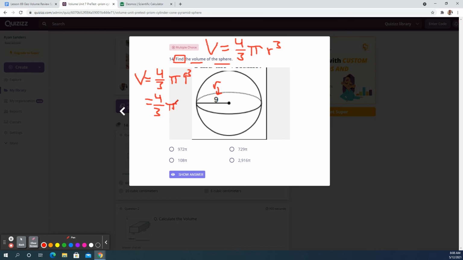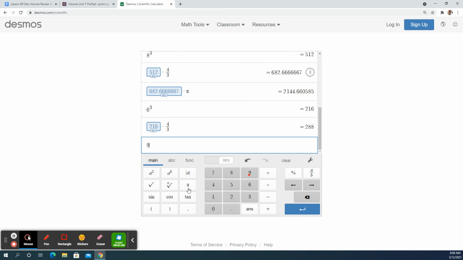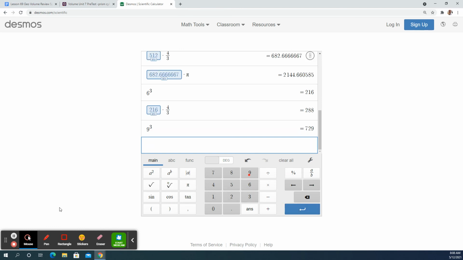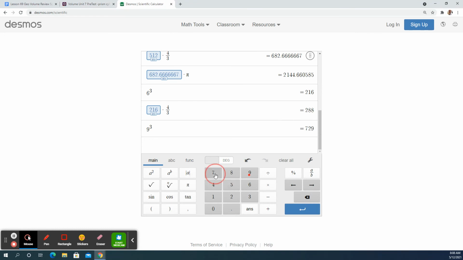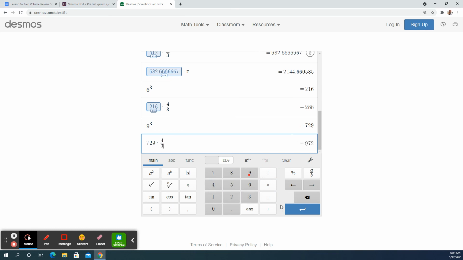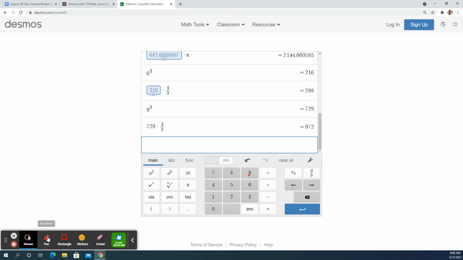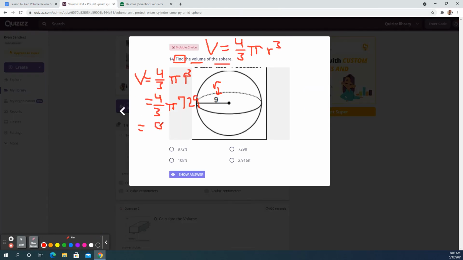Exponents come first. 9 cubed is 729. Take 729, multiply it by 4/3, and we get 972. Pi. 972 pi.